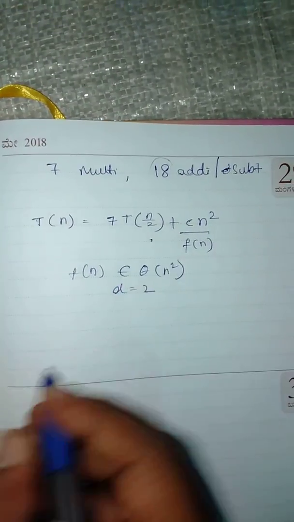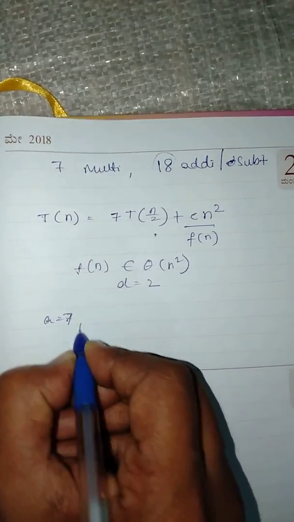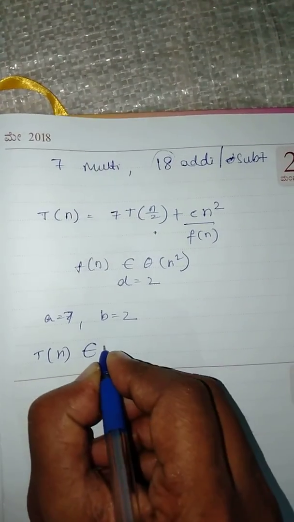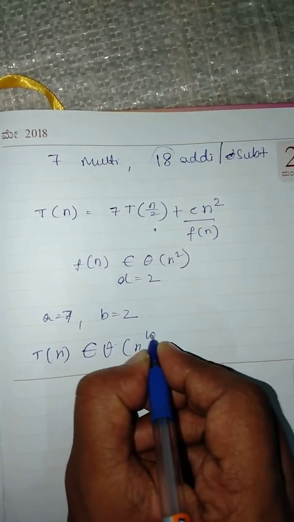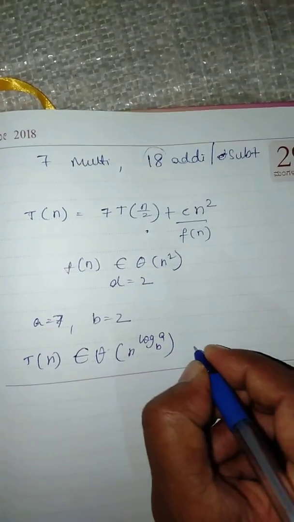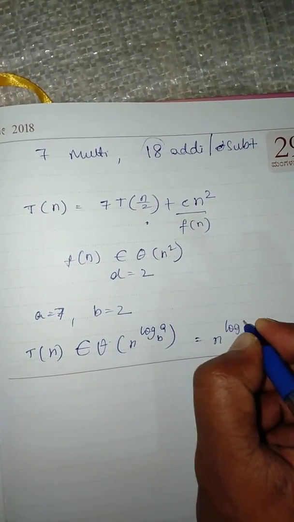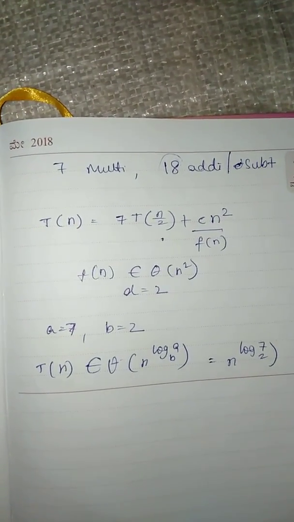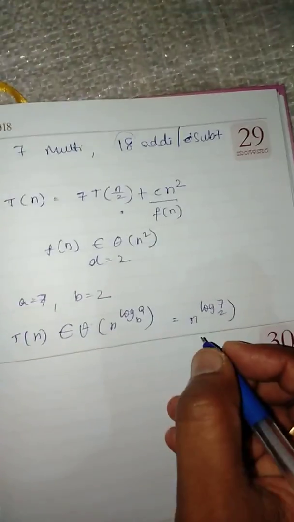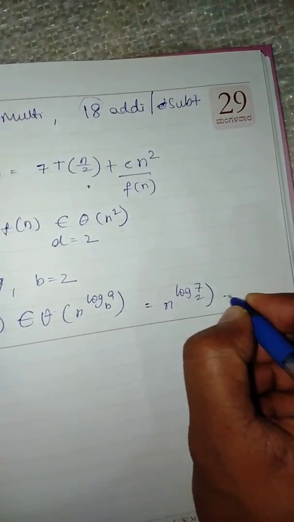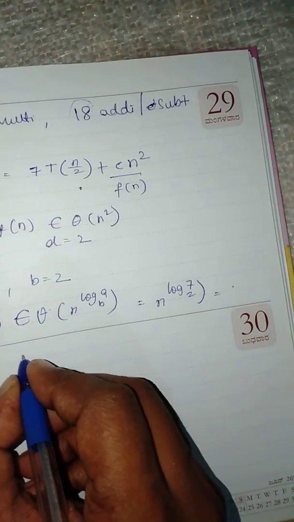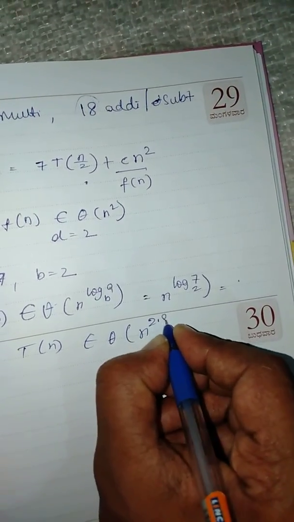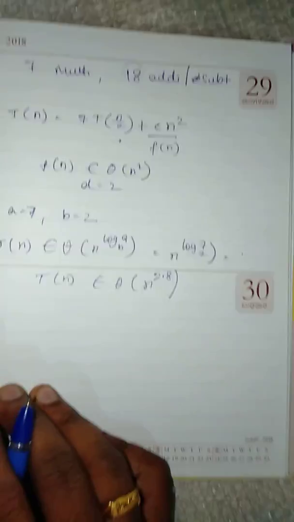Apply the master theorem. The a value is 7, the b value is 2. Therefore T of n belongs to big theta of n to the power log a to the base b, which is nothing but n to the power log 7 base 2. Log 7 base 2 is nothing but 2.81. Therefore T of n belongs to big theta of n to the power 2.8.